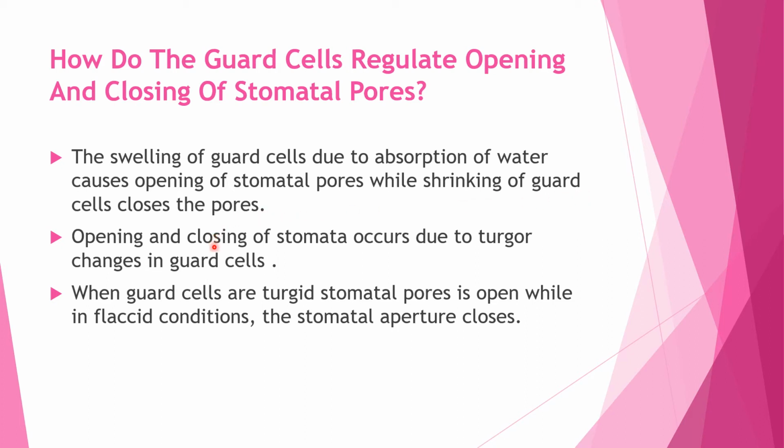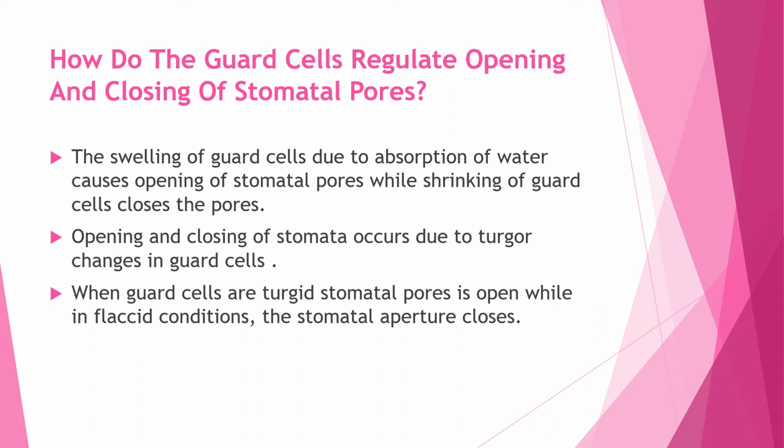So opening and closing of the stomata occur due to turgor changes in the guard cells. If water is inside, they swell, that is called turgid, and if the water is released out, they shrink, that is called flaccid, meaning they are going to be closed. So when the guard cells are turgid, meaning swollen, the stomatal pore is open, while in the flaccid condition, that is shrinking, the aperture is closed.